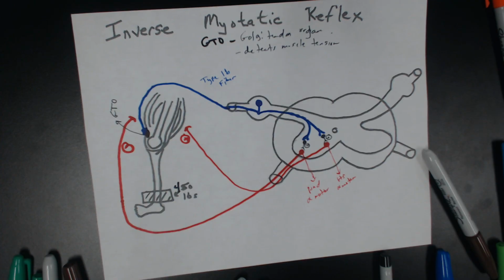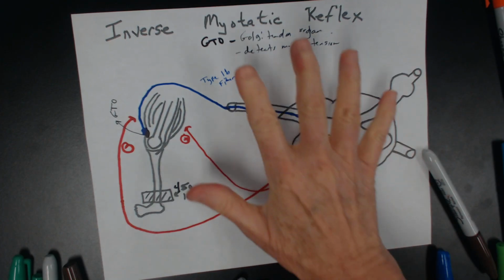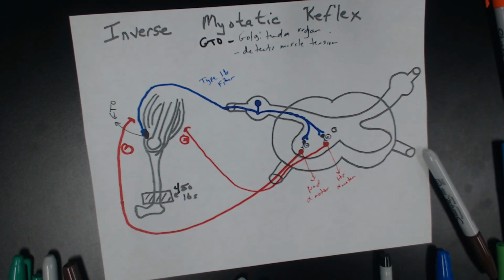The muscle stimuli are detecting the stretch; too much stretch, especially quick stretch, could possibly tear the muscle. So the inverse myotatic reflex is, again, a protective mechanism, but it's the opposite. It's going to shut the muscle down.